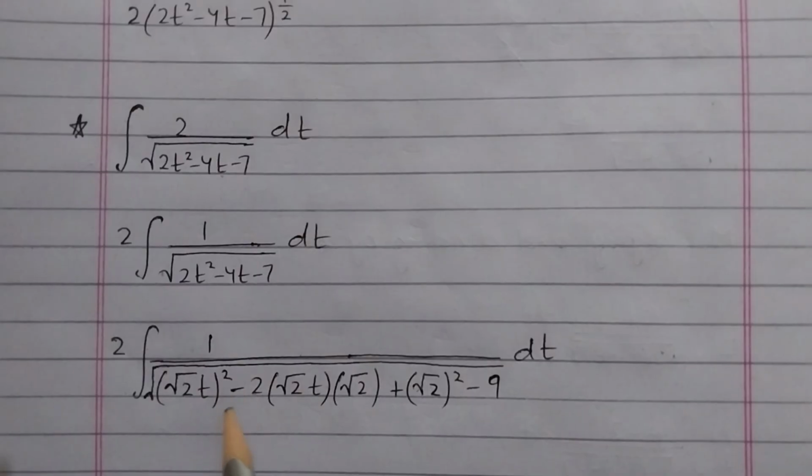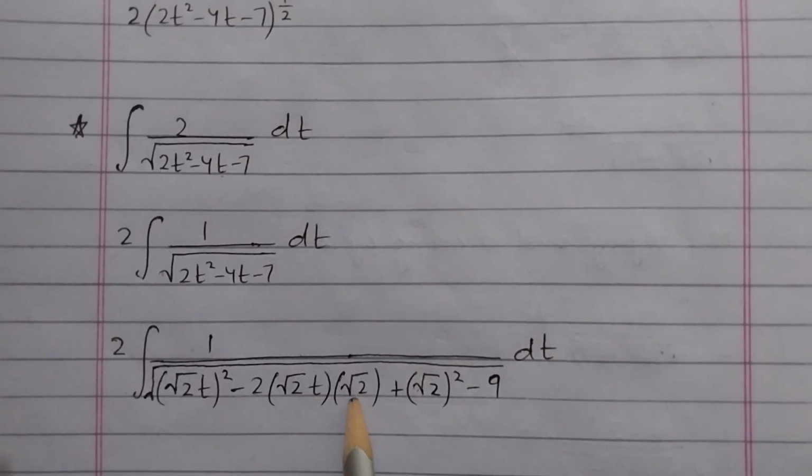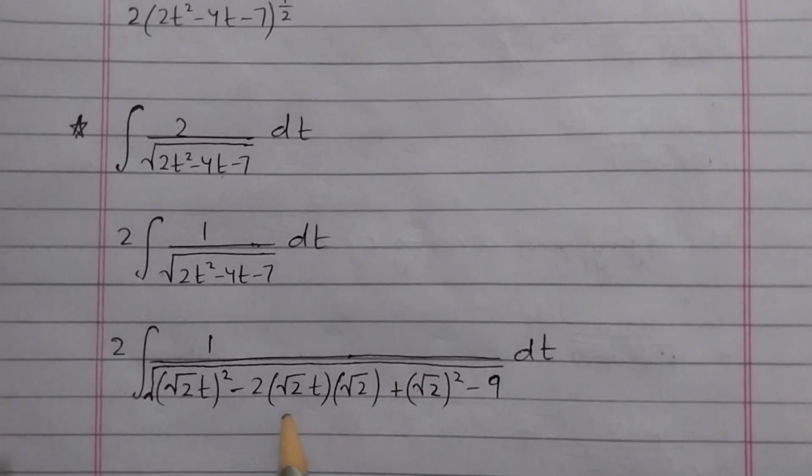So minus 2 times a, and we have already decided what our a is, so that is square root 2 into t, and we need to think of some b which, when multiplied with 2 and this a, gives us 4t. So that is square root 2, because square root 2 and square root 2 when multiplied give us square root 2 whole square, and square and square root cancel out, so we get 2, and when we multiply this 2 with that 2 we get 4t. So minus 4t.